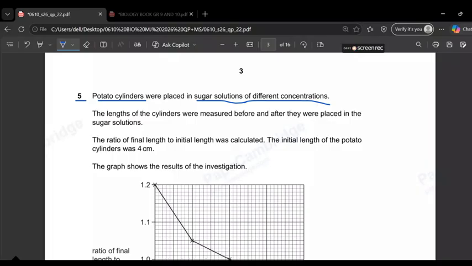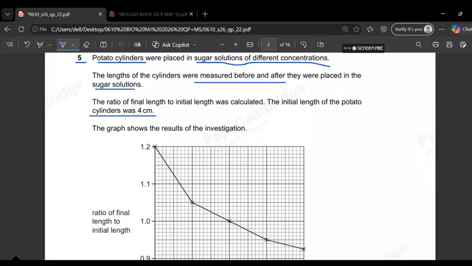The lengths of the cylinders were measured before and after they were placed in the sugar solutions. So already you measured the length before and after. The ratio of the final length of the potato cylinder to initial length was calculated. The initial length of the potato cylinder was 4 centimeters.